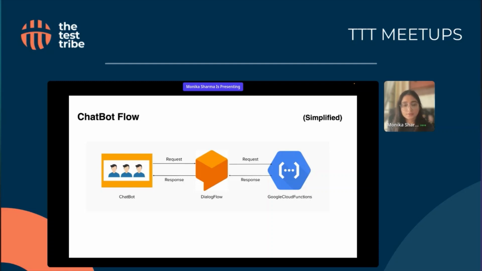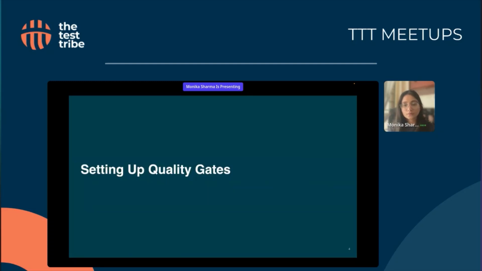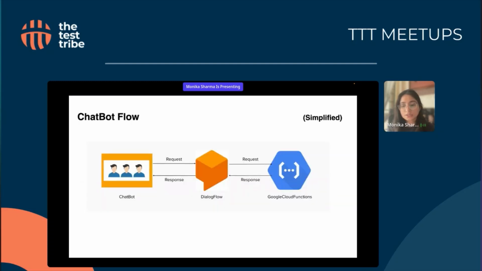That's it. Now there are two terms which I'm going to use here: context and intent. The context defines the conversation flow and the next step. For example, let's take a real-life example, the Swiggy chatbot.